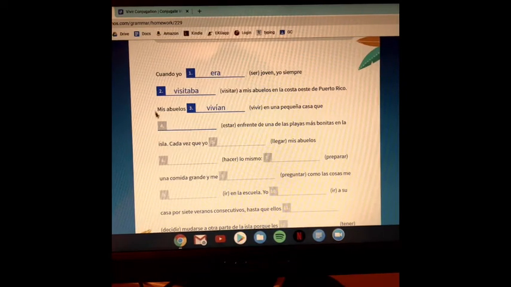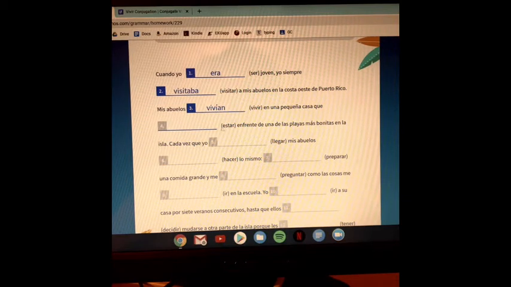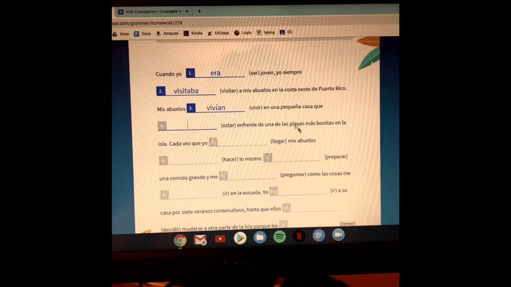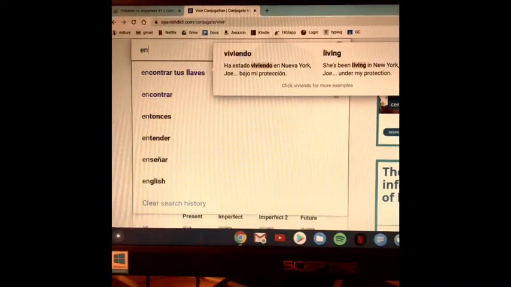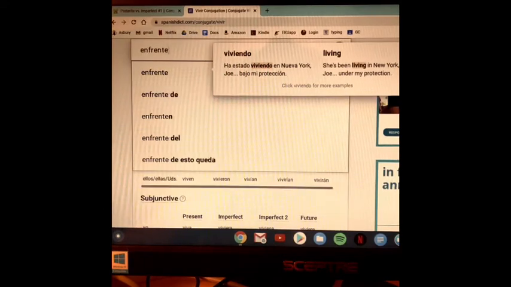So my grandparents lived in a small house that, it was enfrente de. Do you guys remember that? What that means? Enfrente, what does it kind of sound like? In front of. Enfrente de, so let me double check myself. I'm pretty sure I'm right, but no, enfrente de.